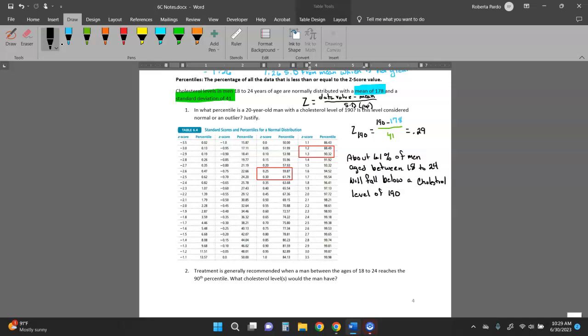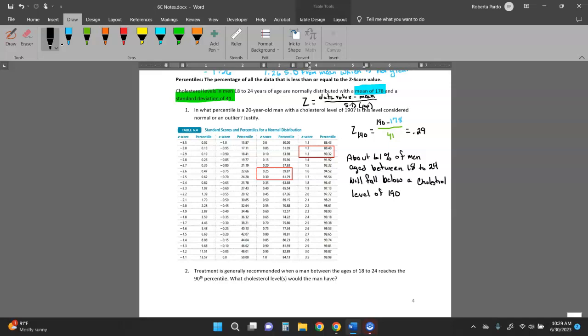So in other words, for this person, there's 61%. So the difference, we would have 39% of men have a cholesterol level higher than 190, and 61% of men would have a cholesterol level below 190.